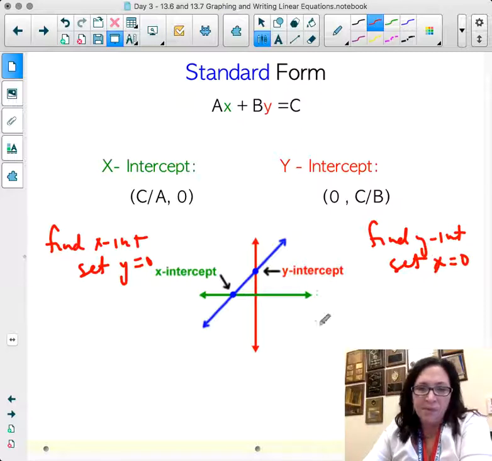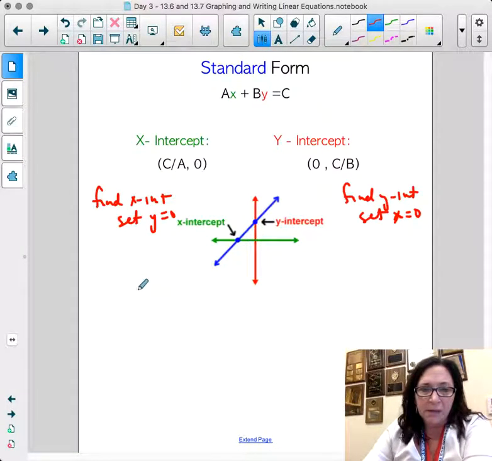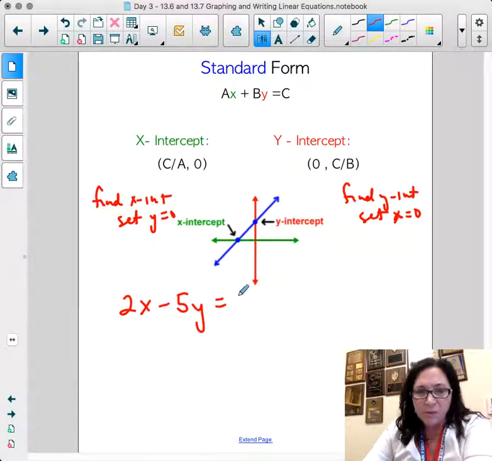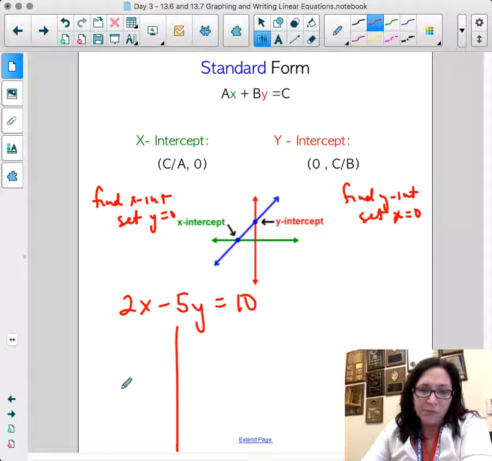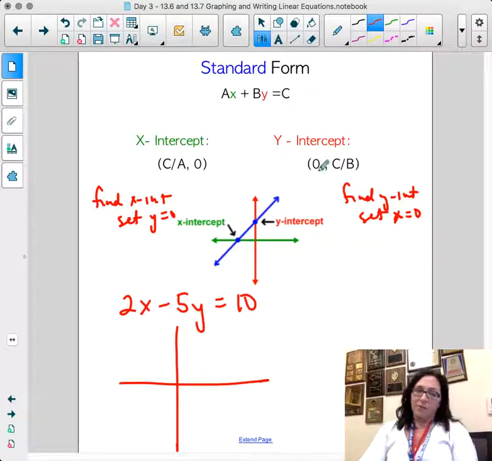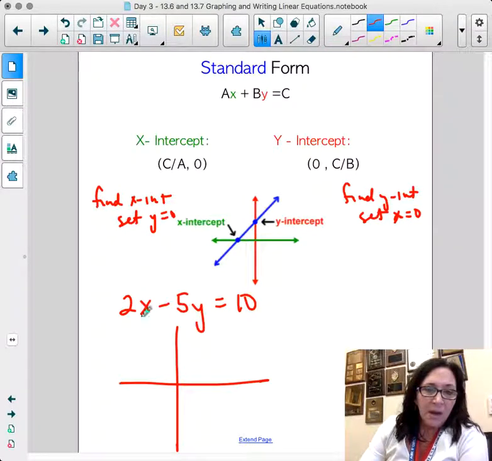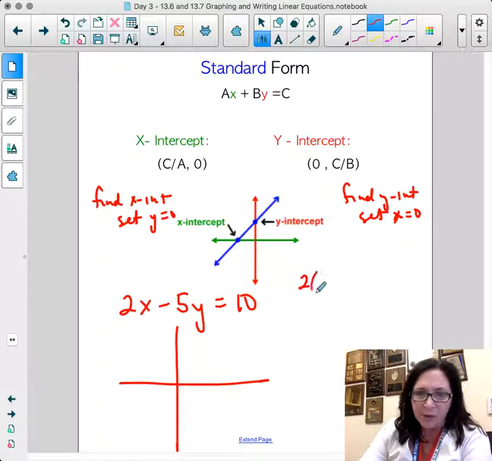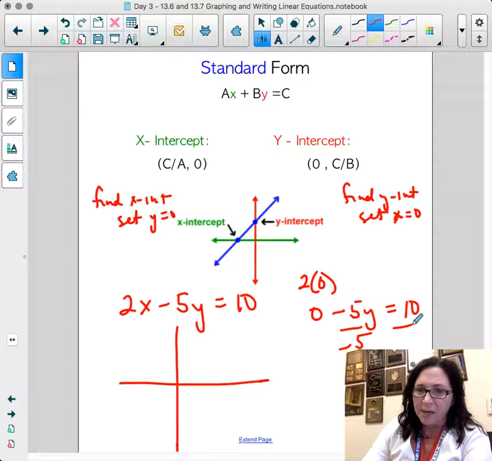What that means is, I could just show you, if I started with, let's say, 2x minus 5y is equal to 10, and I wanted to graph this rather quickly instead of solving for y, which I could do, I would set x equal to 0 to find my y-intercept, meaning 2 times 0, which is 0, minus 5y is equal to 10, and I would divide both sides by -5, and I would get y is equal to -2.